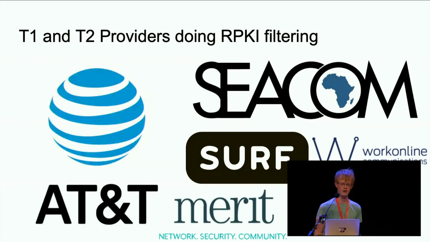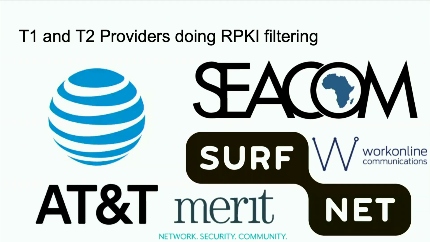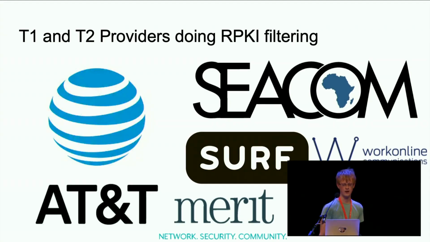AT&T was a massive one. CCOM and Work Online have both done a huge amount of work in the African market to deploy RPKI, and university networks are now doing it. SurfNet, which provides a lot of the downstreams for universities, and Merit, which appears to do a lot of downstream networks for the US universities, are now doing it.